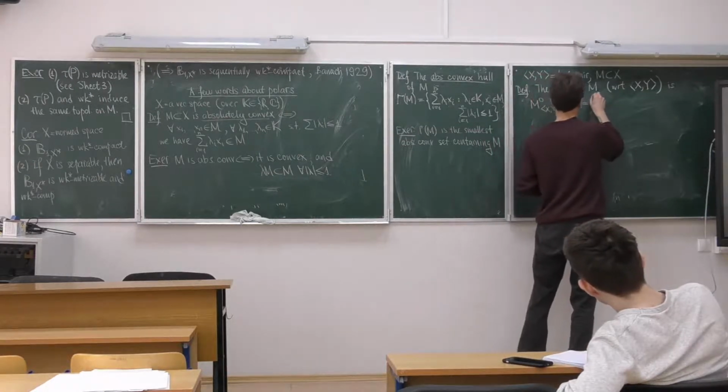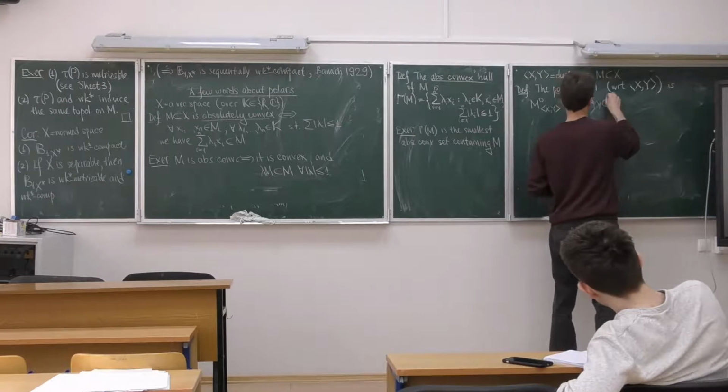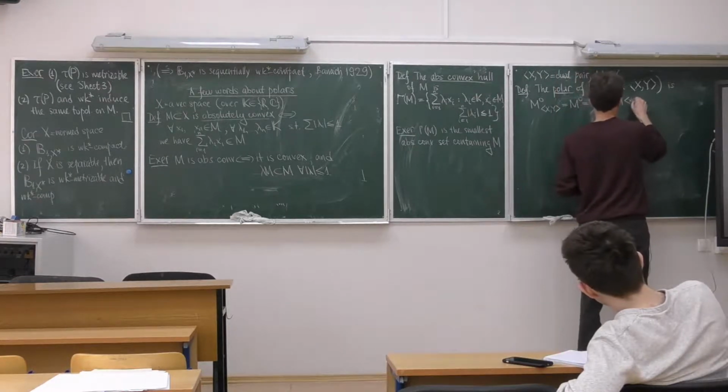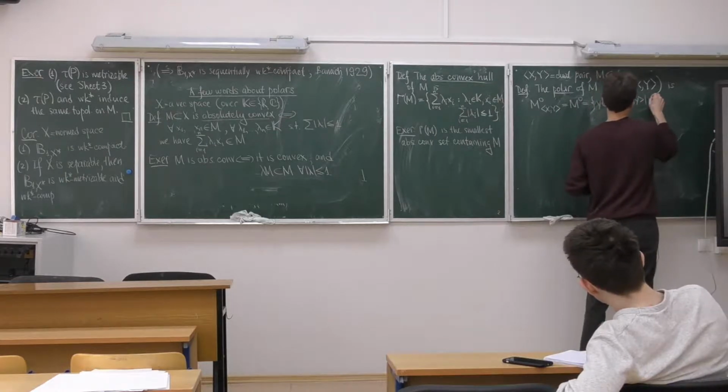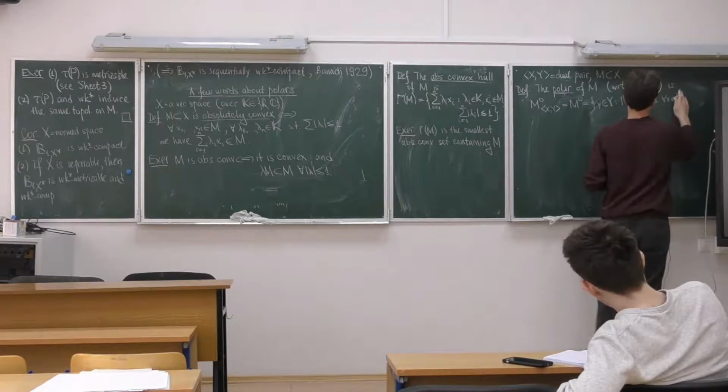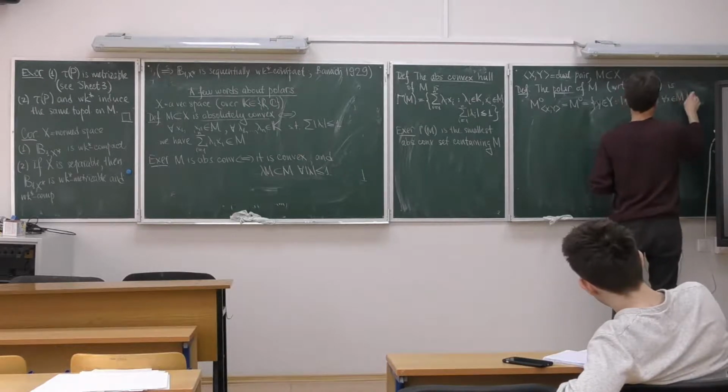And by definition, it consists of those elements y in Y such that the absolute value of the pairing between x and y is less than or equal to 1, and this holds for each x in M.